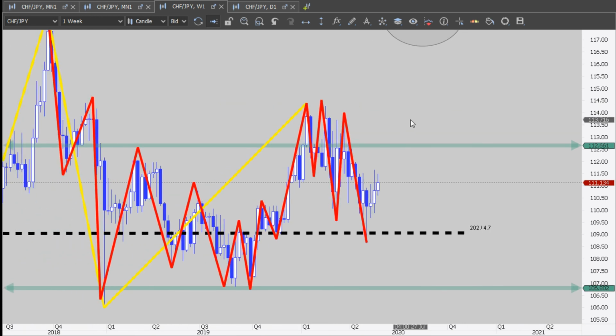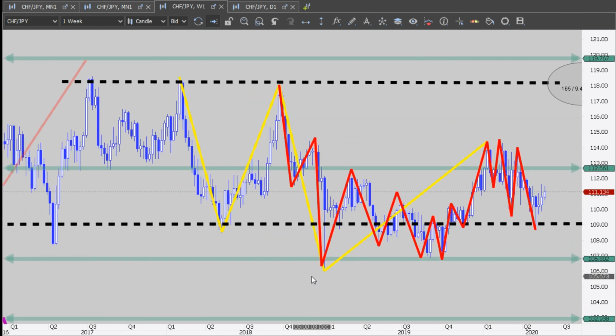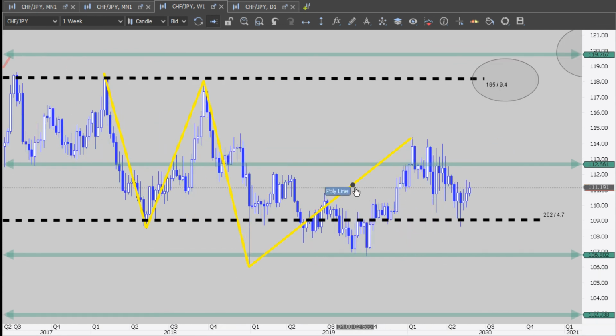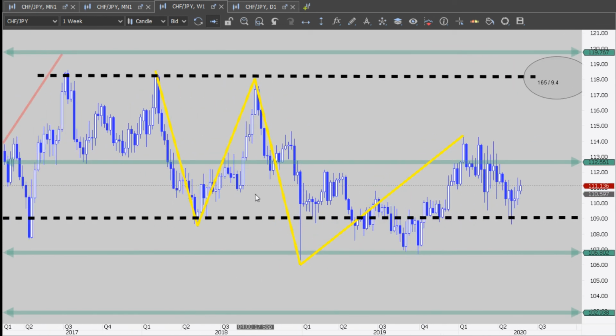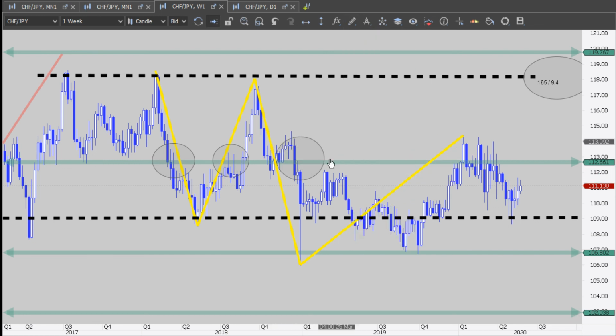what can you see? This is the weekly chart. What do you see? What can you see? Pivot point here. Pivot point here. Pivot point here. Pivot point here.